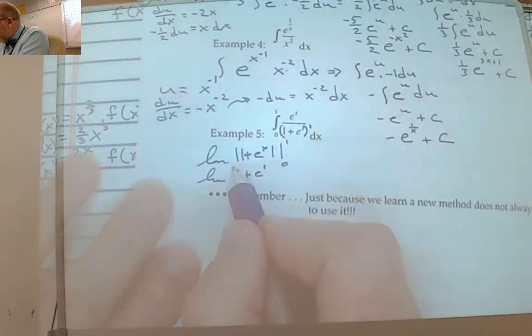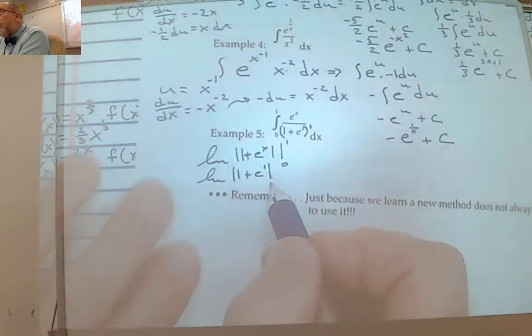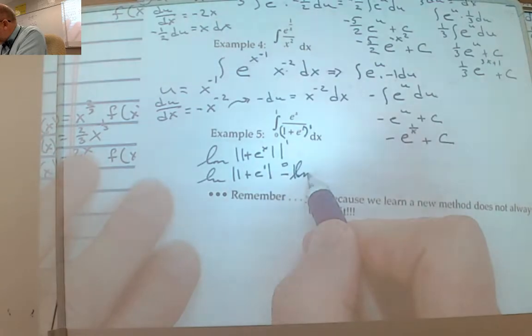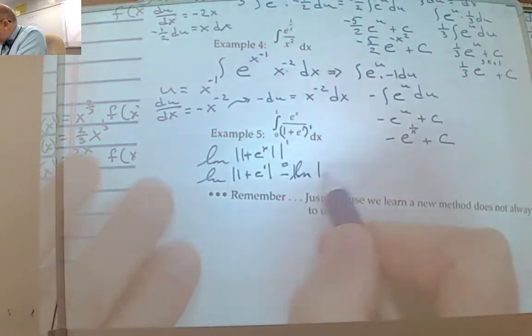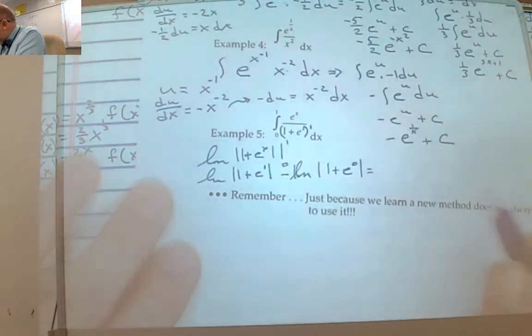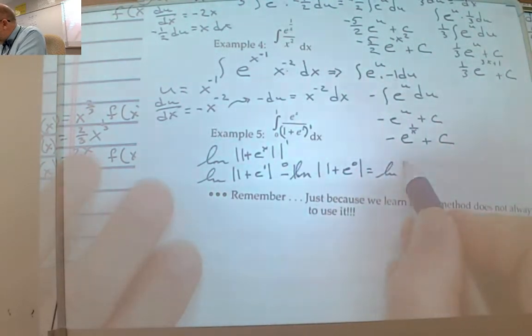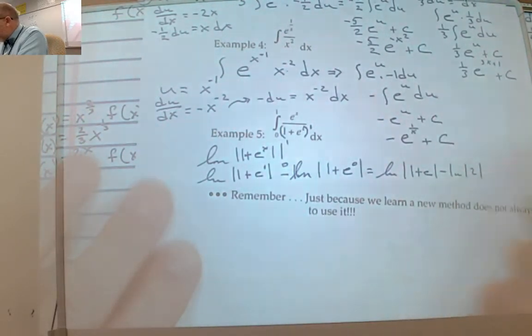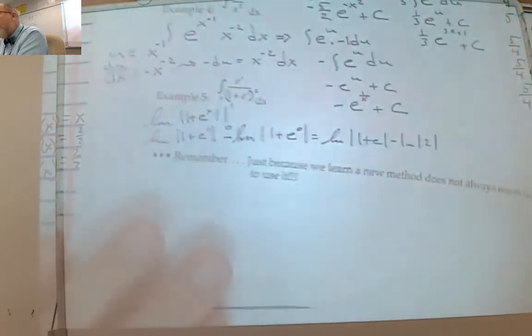Would you agree, Jacob? Yep. Okay. Minus the natural log of 1 plus e to the 0. So that could be written as the natural log of 1 plus e minus the natural log of 2. Right? Because e to the 0 is 1.